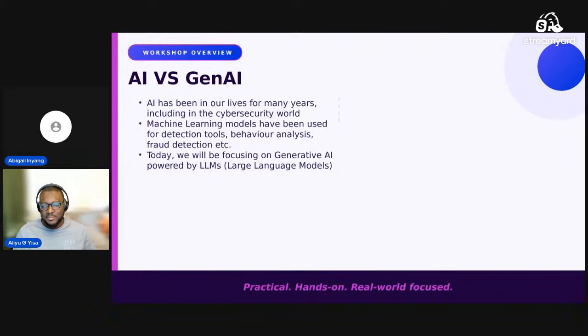Machine learning models have been part of our detection tools, behavior analysis, and fraud detection. Any good anti-malware solution has some form of AI integrated with it because you can't rely only on signatures. But today we're going to be focusing on generative AI powered by large language models. I just wanted to highlight this difference.